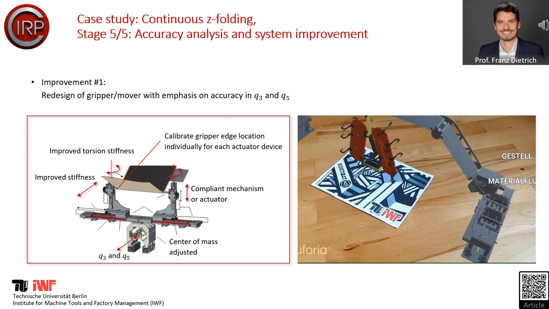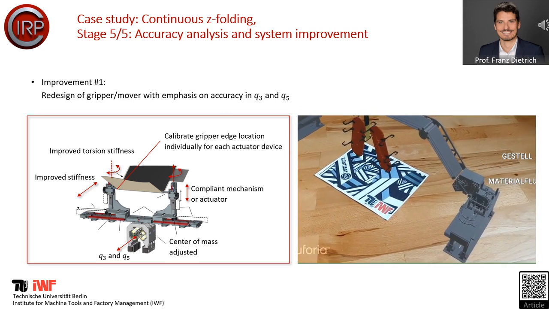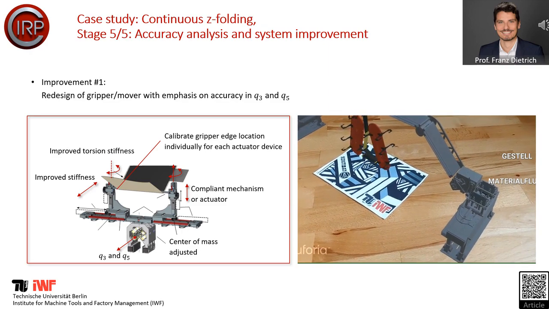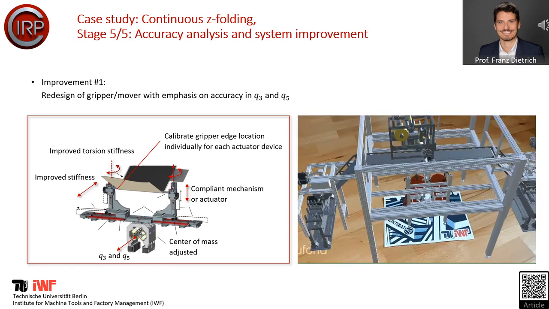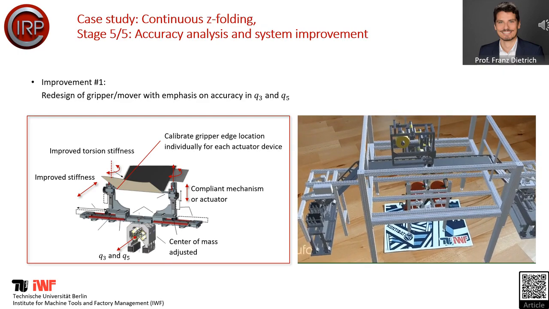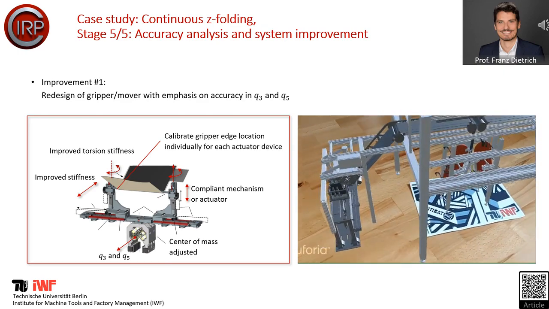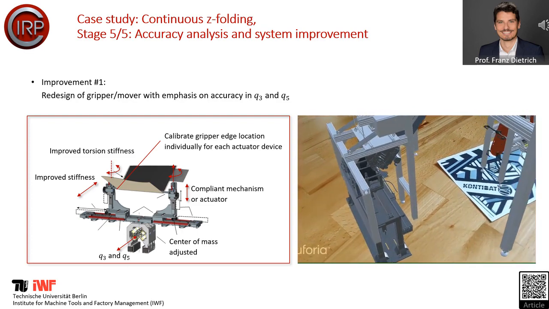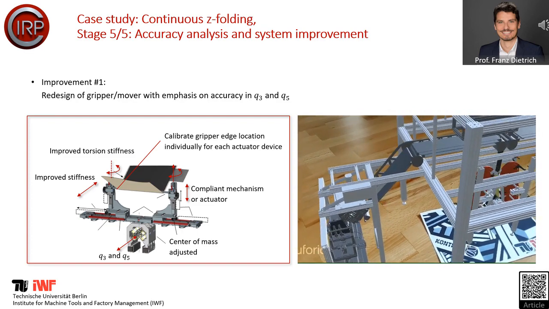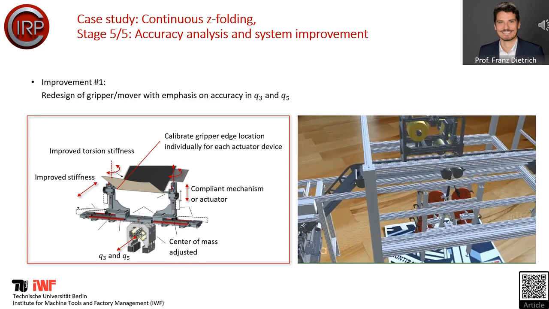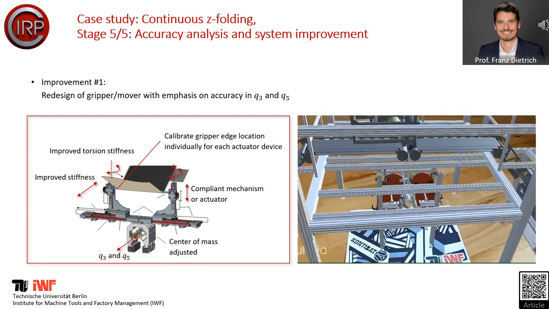I'd like to direct your attention to these moving parts on that red panes, where the gripper and mover systems are cycling around this mechanism. After finding out that Q3 and Q5 are of most importance, we did a redesign of that. We improved stiffness in various directions.